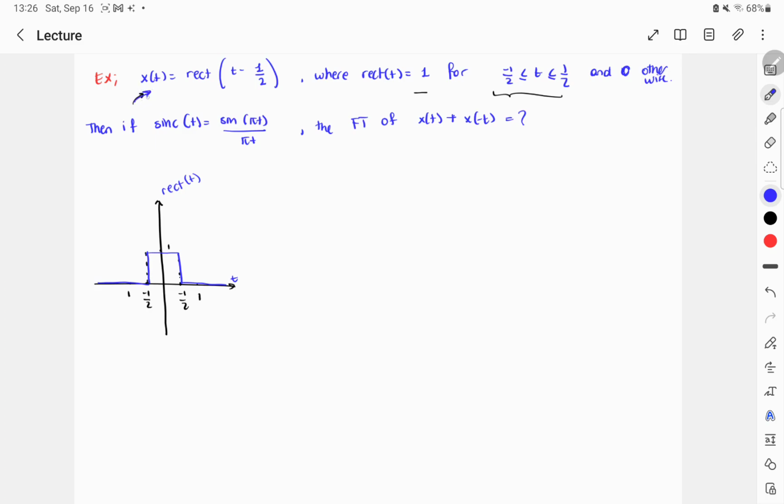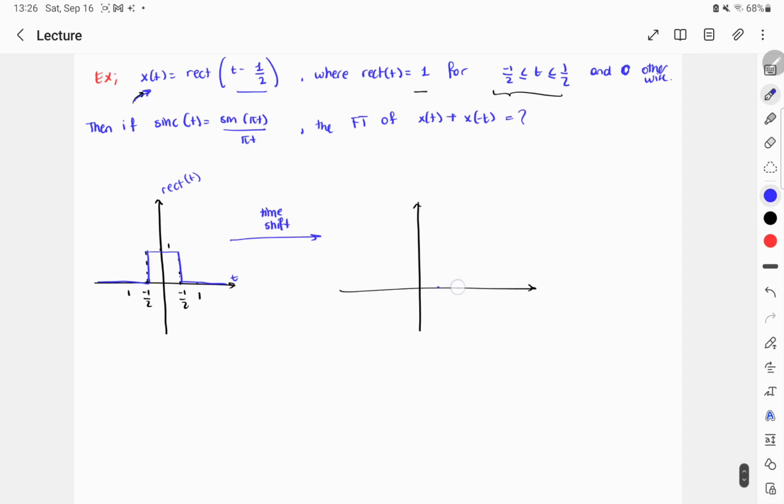Here, the signal is shifted by 1/2. So we have a time shift here. And eventually we have our signal like this.